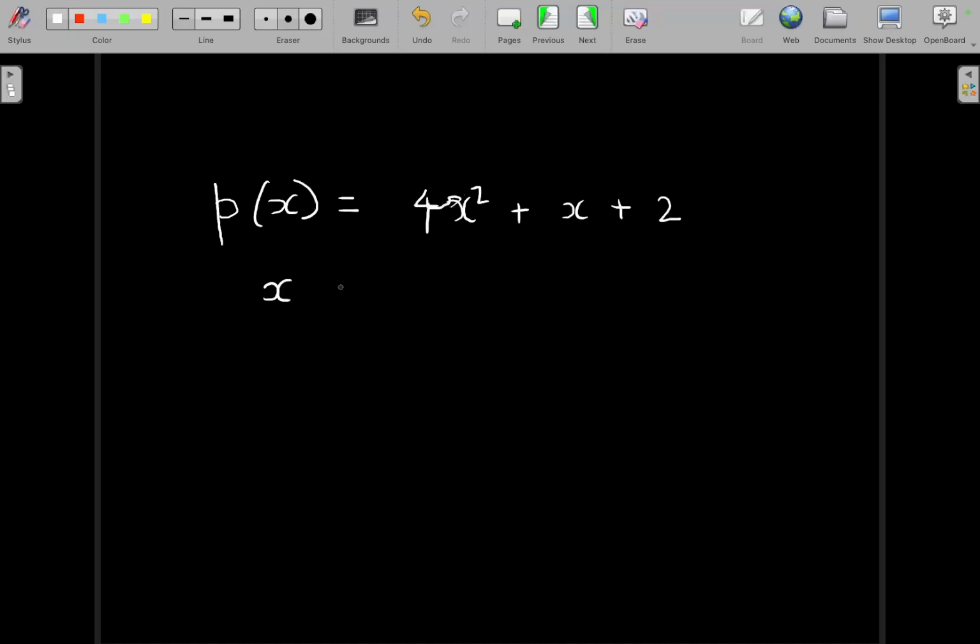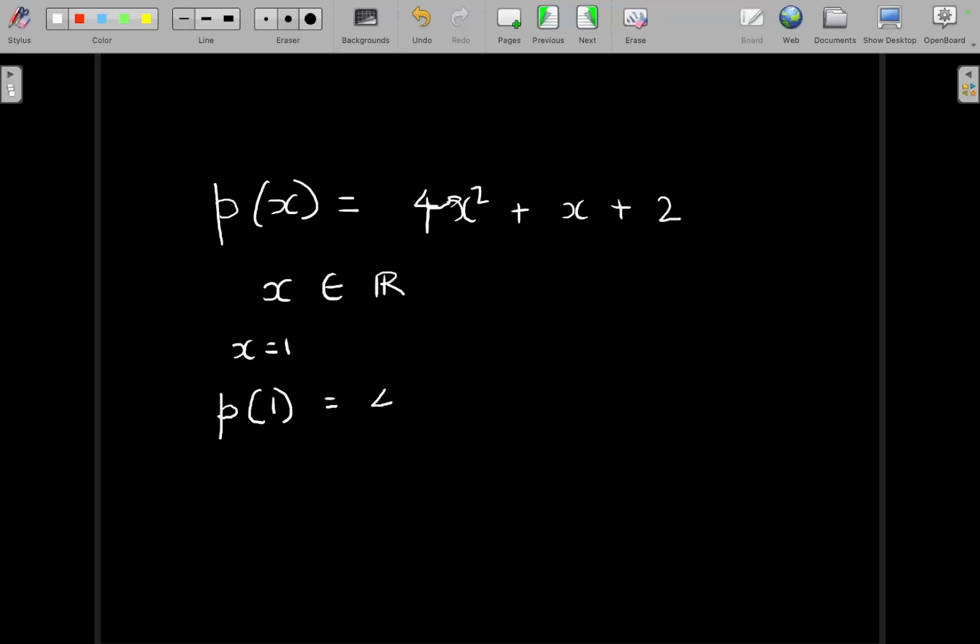Just to repeat, x is a variable, and you can put any value from the real numbers. So let's say that I take the value of x as 1. This is the notation to say that x is 1. We say p of 1, and when I say p of 1, I mean the value of x is 1, and now I have to evaluate the polynomial.